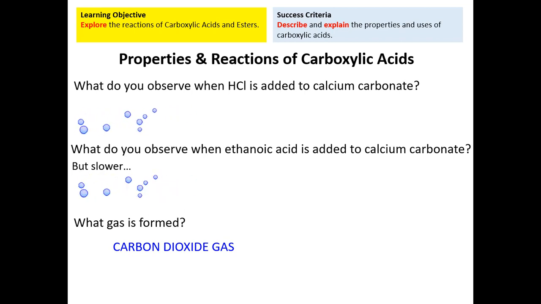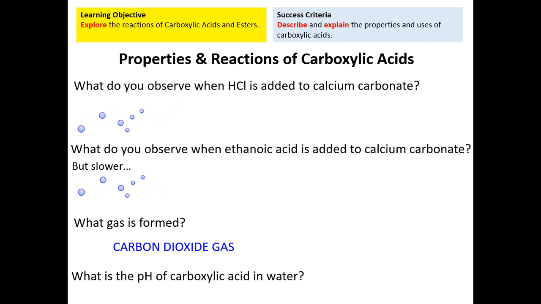But anytime you've got a carbonate and you add an acid to it, you will always get carbon dioxide gas from the carbonate. So what we can take from this is that ethanoic acid, or all carboxylic acids, react slower than something like hydrochloric acid because they are not as strong. So the pH would be between 2 and 5. We're not getting as strong as pH 1.